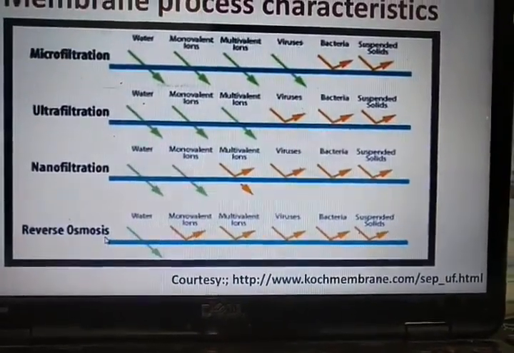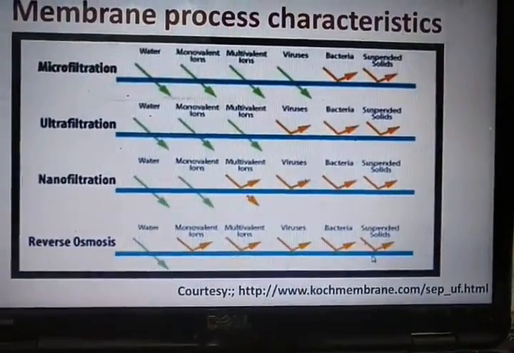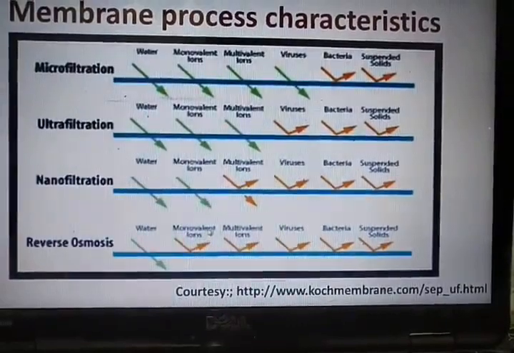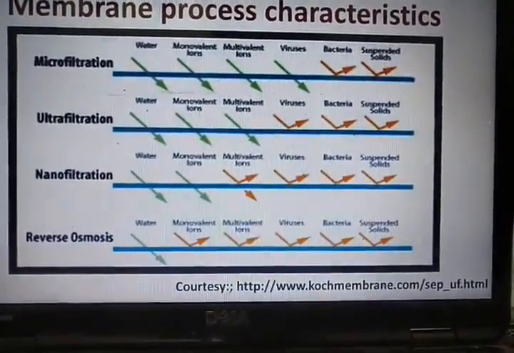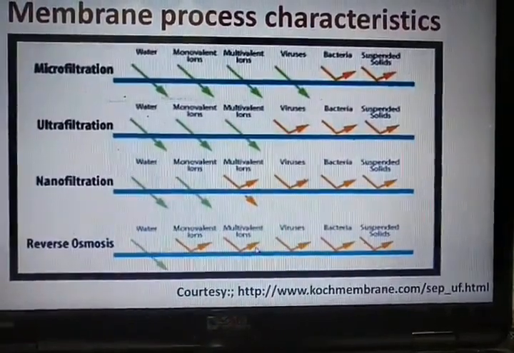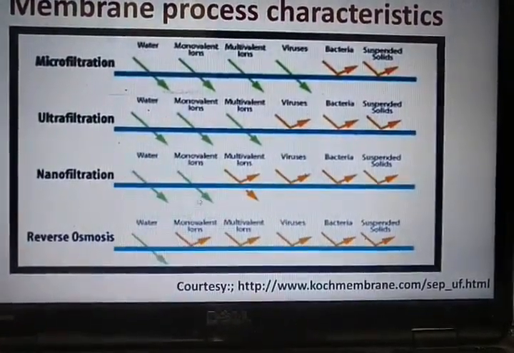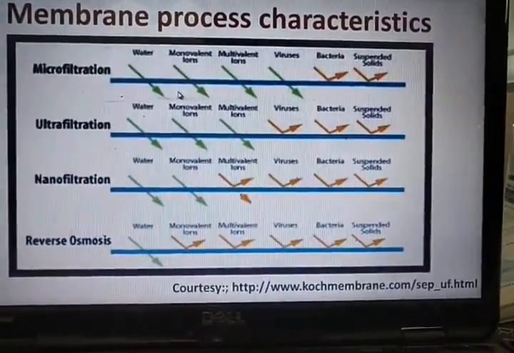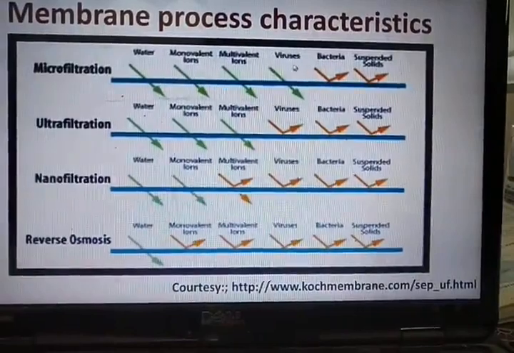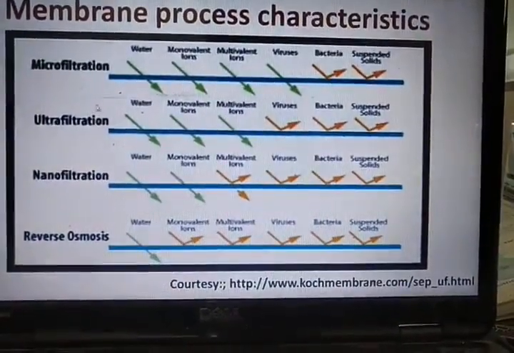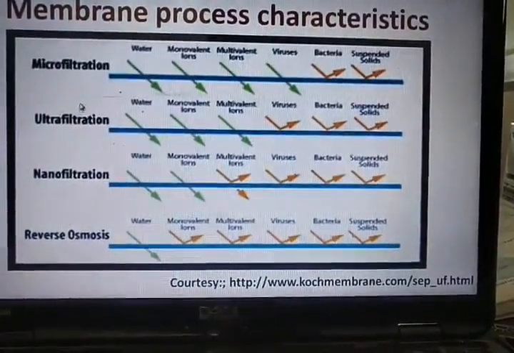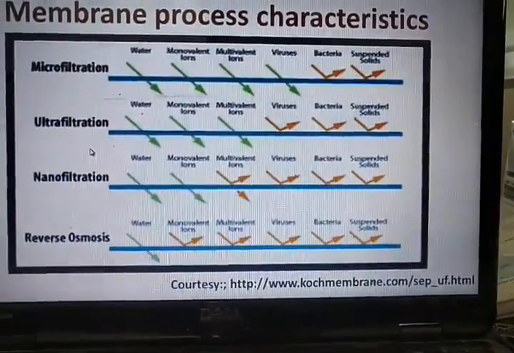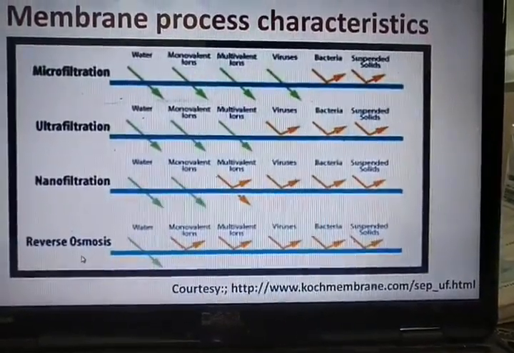Reverse osmosis is the most efficient, removing almost all impurities, even monovalent and multivalent ions, and it is effective in comparison with all the membrane processes. I hope you have got some idea about the pore sizes of the membranes and their order: microfiltration, ultrafiltration, nanofiltration, and last comes reverse osmosis.